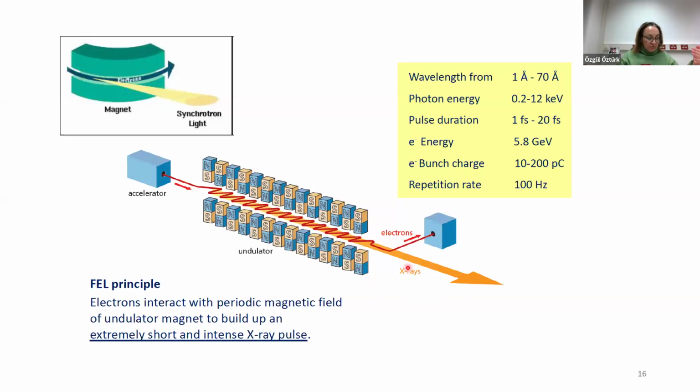Because the radiation is faster than the electrons speeding along their slalom path, the radiation overtakes the electrons flying ahead and interacts with them along the way, accelerating some of them or slowing others. Therefore, in principle, electrons interact with the periodic magnetic fields of the undulator magnet to build up an extremely short, intense X-ray pulse.